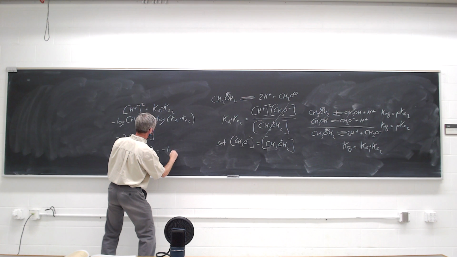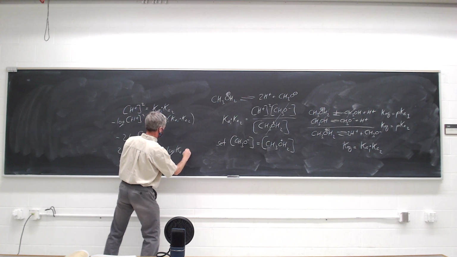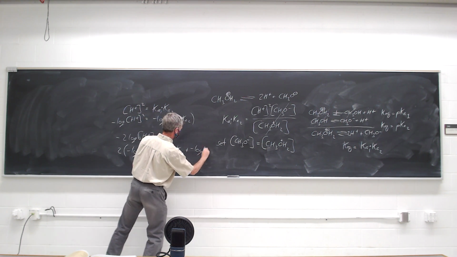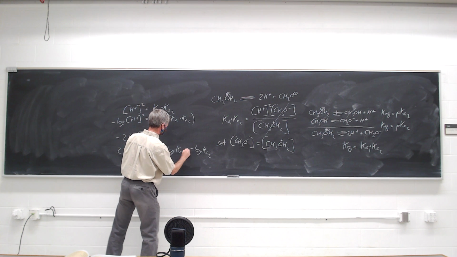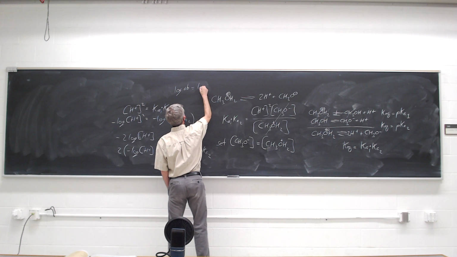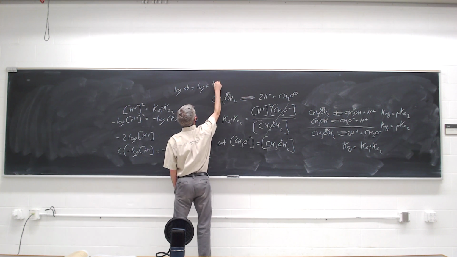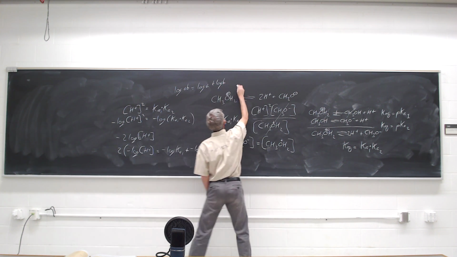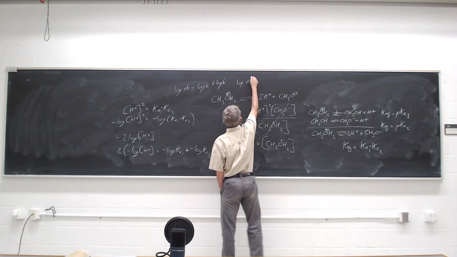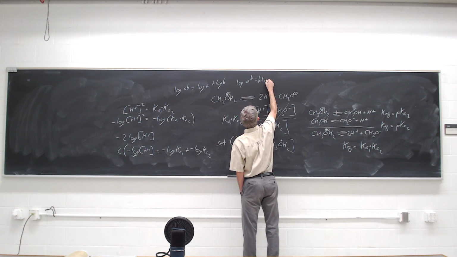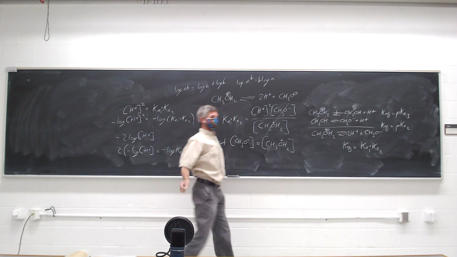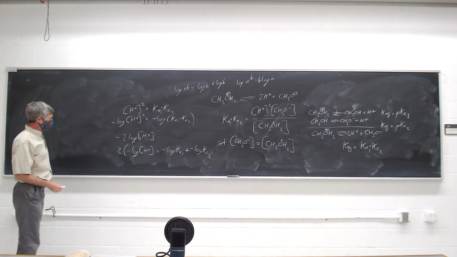This is equal to the negative log of Ka1 plus the negative log of Ka2, because log of AB is equal to log of A plus log of B, and log of A to the B is equal to B log A. So we're using those two log rules to simplify this.